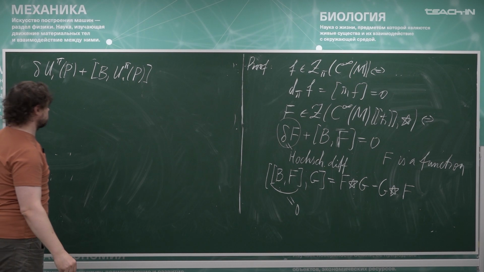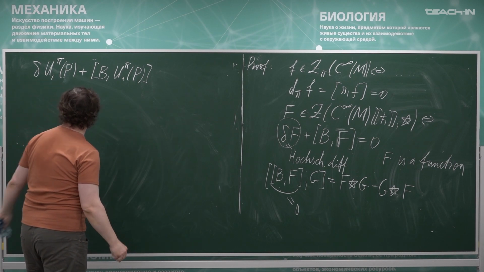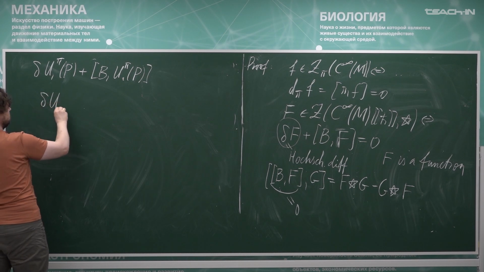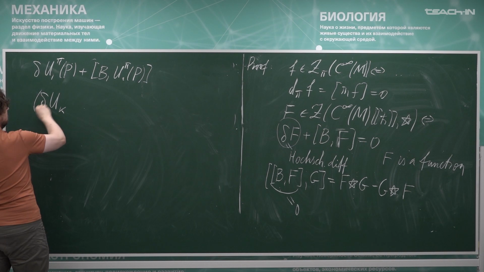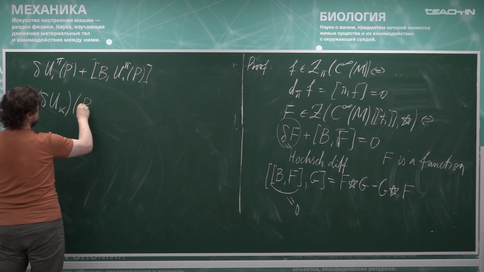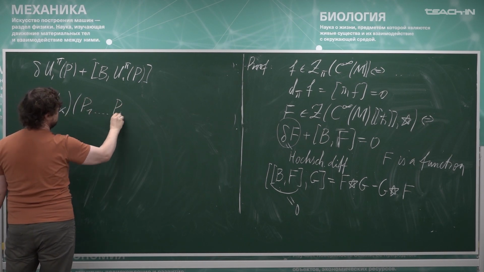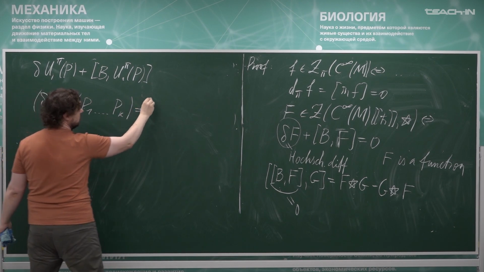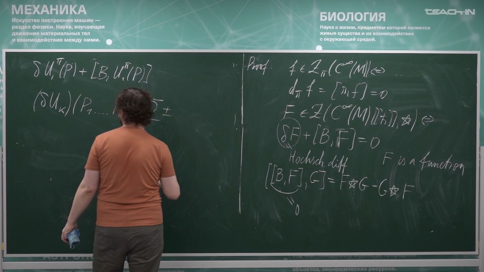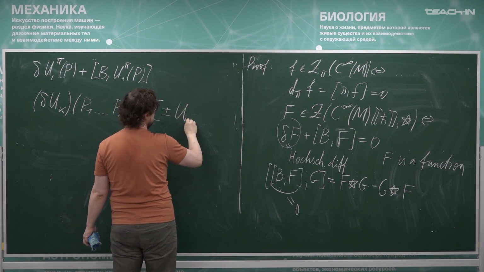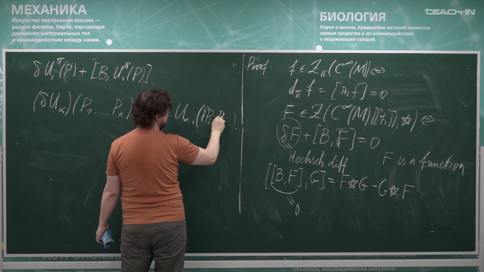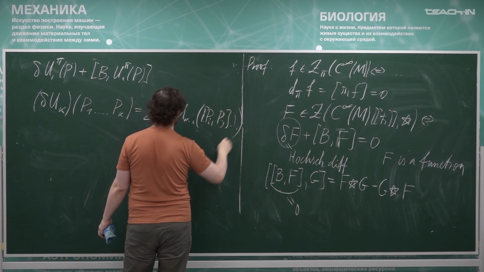And then you can just use, I'm not going to write this, but let me just recall that the following is true, that delta U_k applied to P1, ..., Pk is equal to a sum, plus or minus U_{k-1} of [Pi, Pj] and everything else.